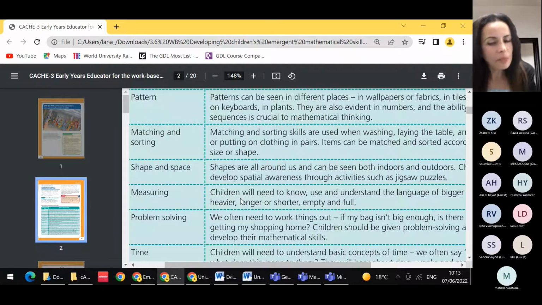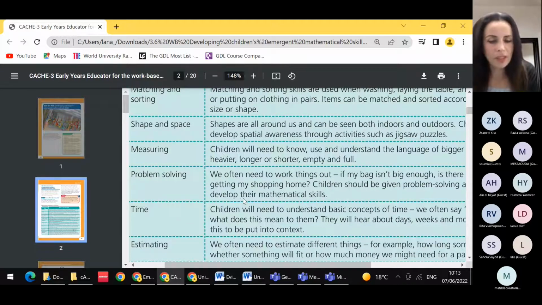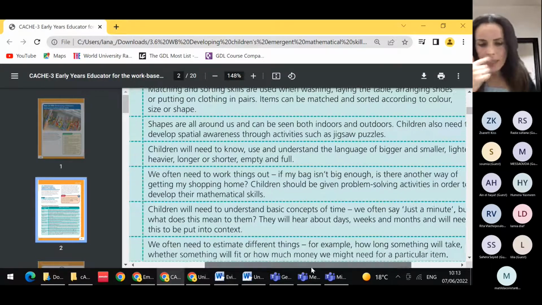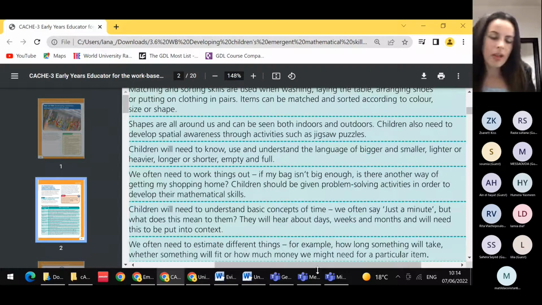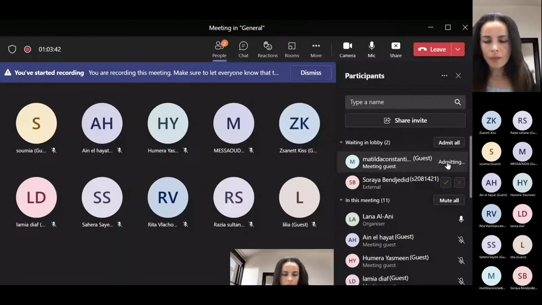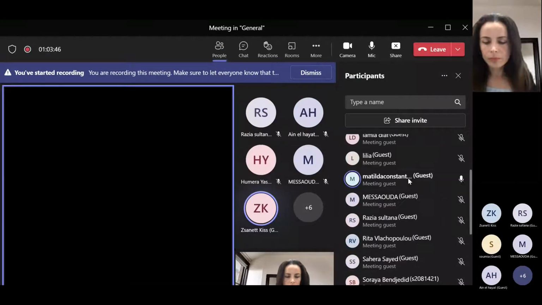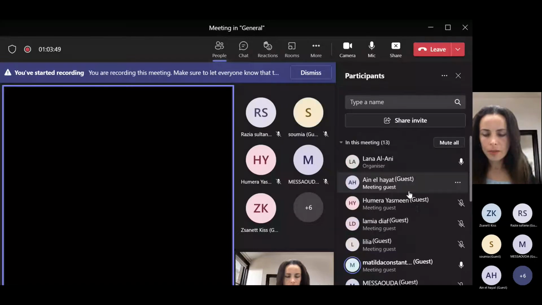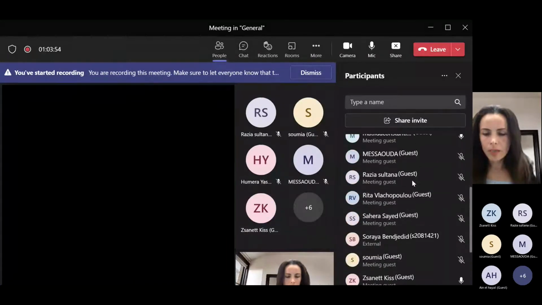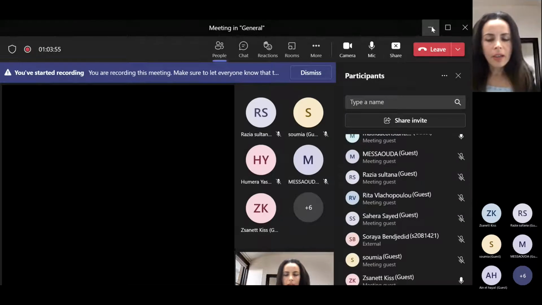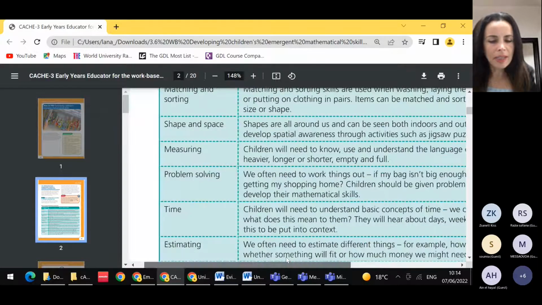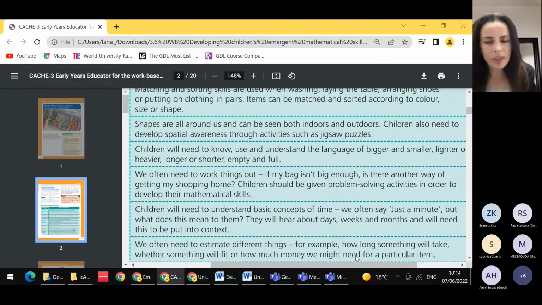This is all mathematics, according to maybe their color, their shape, their sizes. And also there are shapes and spaces. For example, all around us, there are so many shapes, indoors and outdoors, you can see. As we said, shapes are all around us everywhere.